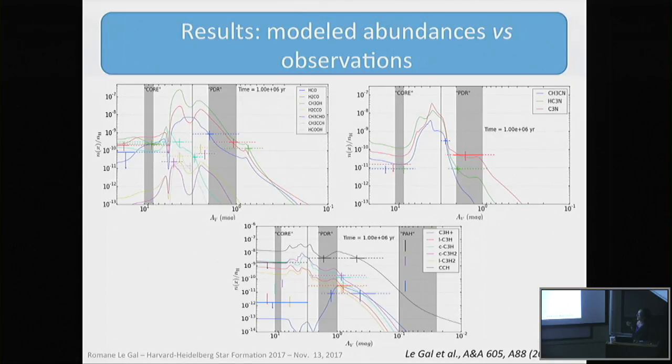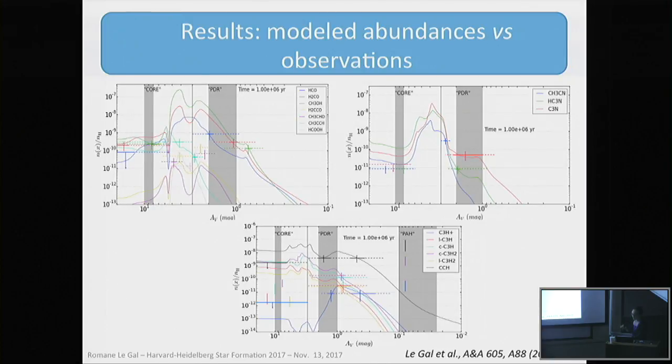The horizontal error bars represent the visual extinction ranges where our model best fits the observation. And finally, the grayish boxes represent the indirectly constrained visual extinction from the observation.